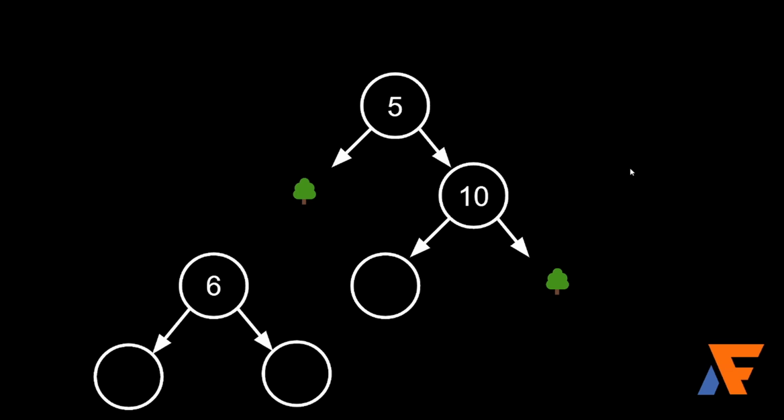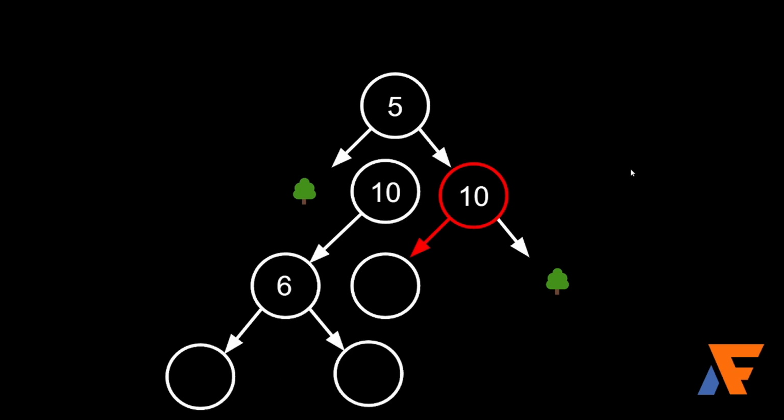Of course, we can't destroy our existing data structure by updating the reference to the left of the 10. So we're going to have to copy that into a new parent node. But of course, we can reuse everything that was to the right of the 10. Now we have the same problem again, because we want to attach that 10 to the 5. We can solve this problem the same way.